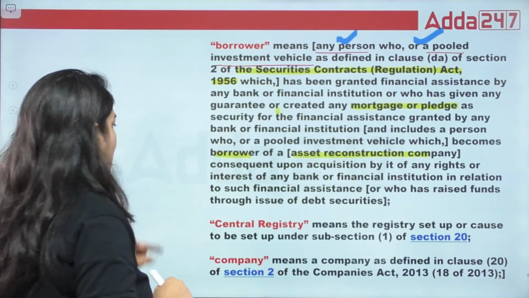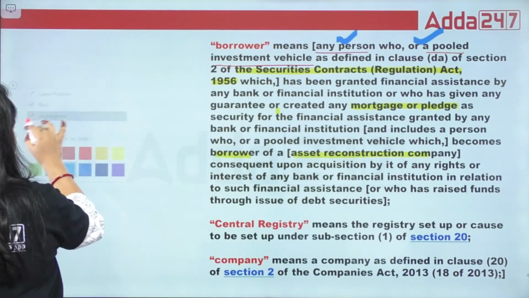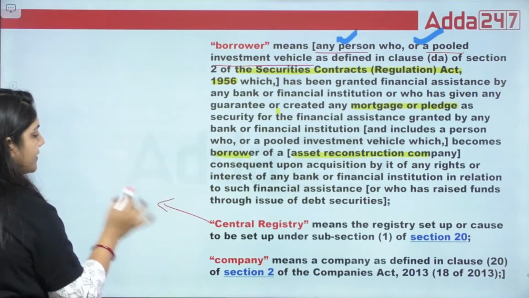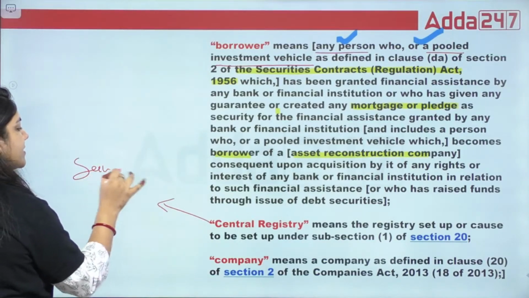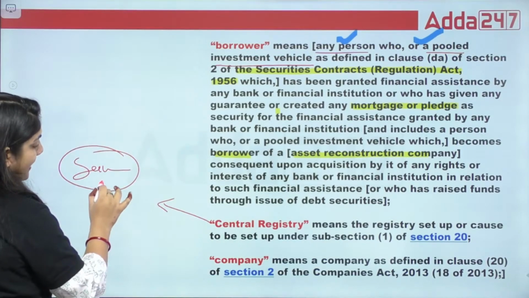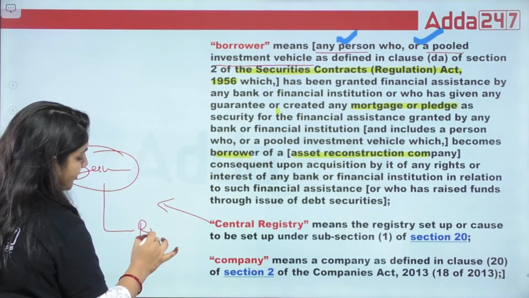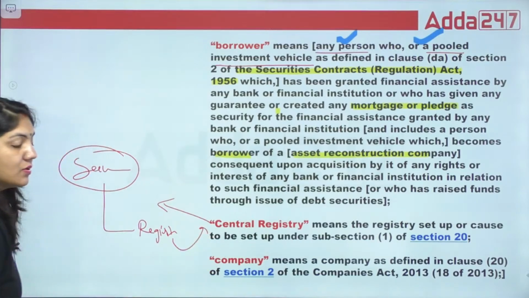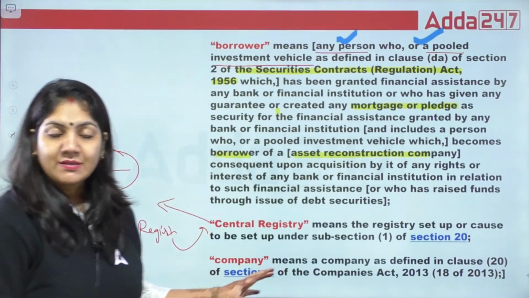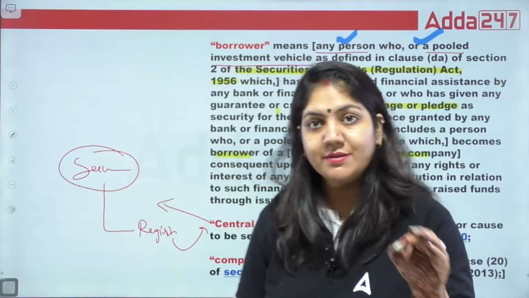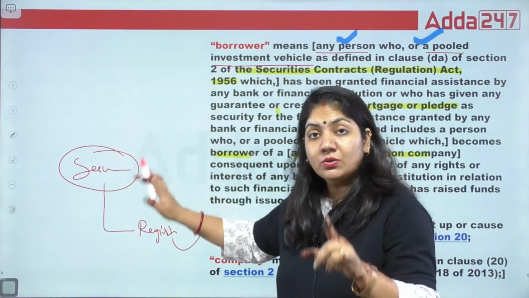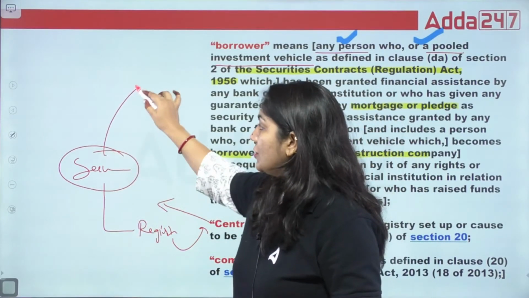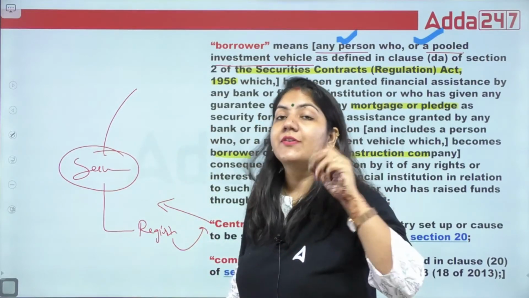Okay. What is central registry? Central registry means whatever security is given by the borrower, that security has to be registered by the central registrar. What is the reason behind it? The central registrar will register the security so that the borrower cannot use that security for any other purpose.